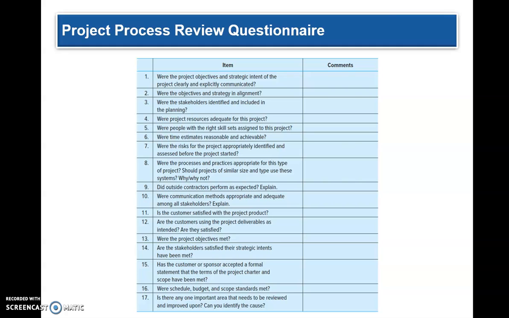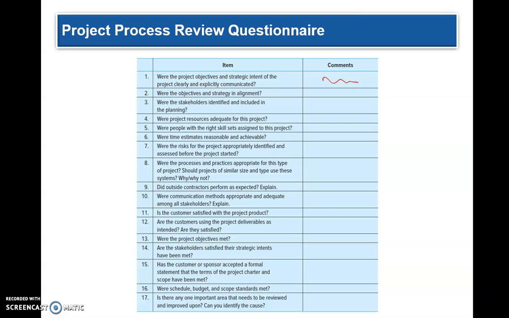For the process review for the project, a questionnaire can be done. And this gives you some idea of how the questionnaire looks. For instance, the first question is: were the project objectives and strategic intent of the project clearly and explicitly communicated? So you can ask the team members that, you can ask the stakeholders this, and you can find what they are answering and then put their comments over here.